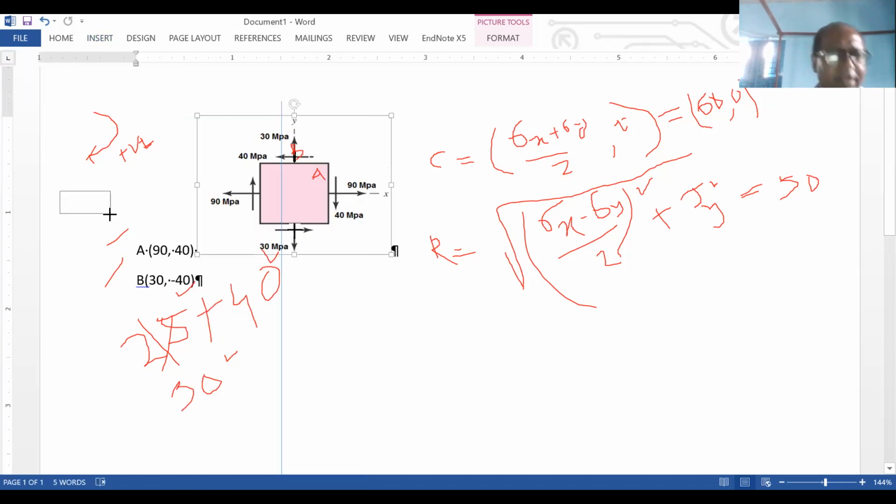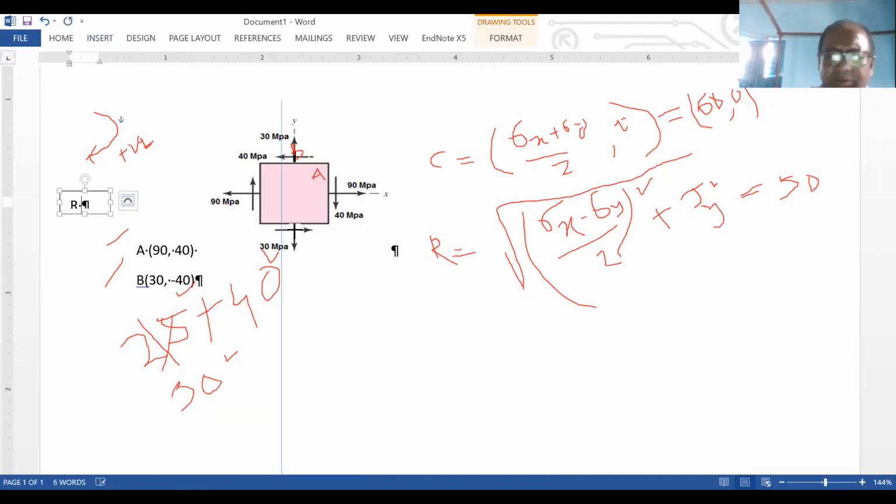I just write down the radius we got: radius equal to 50, and location of center equal to 60, 0.